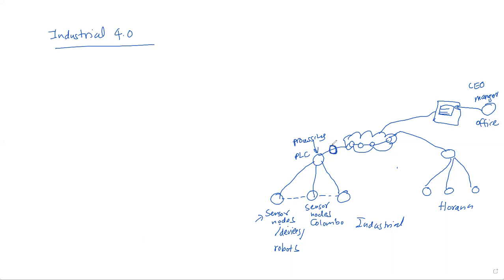So there could be another router in here, which is the router available in the industrial environment. And there could be several routers in the industrial environment, and through this router, the public internet.